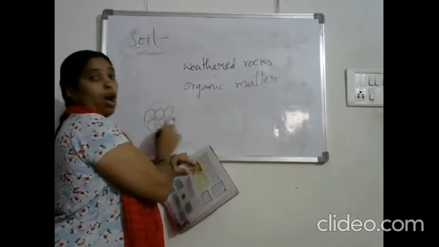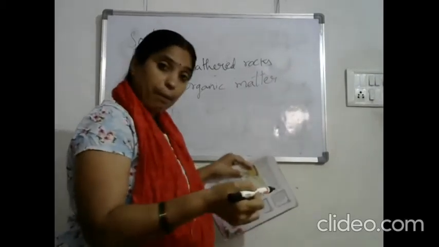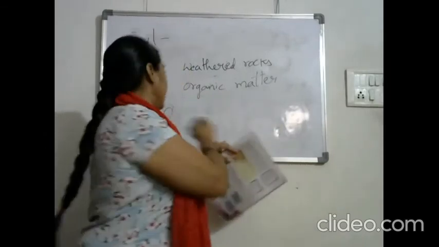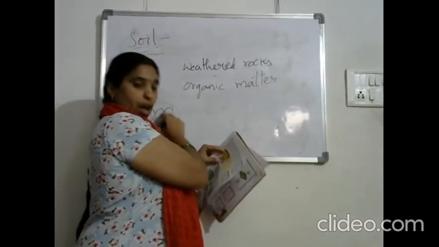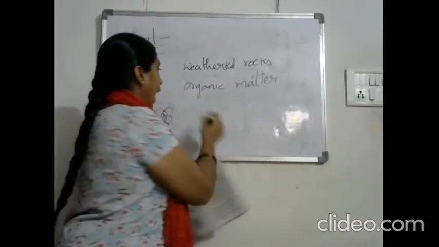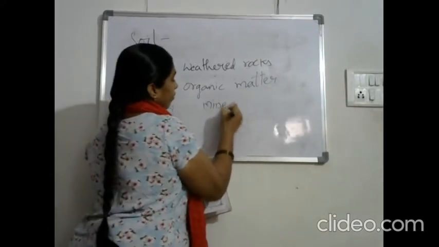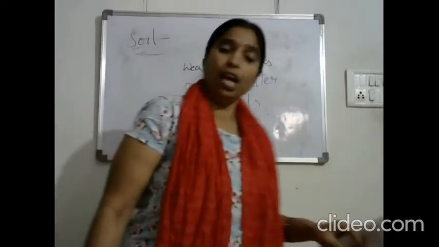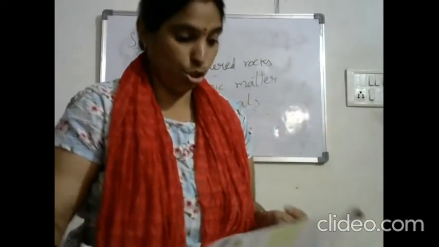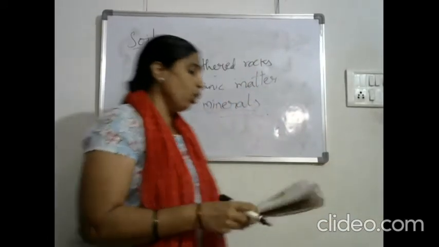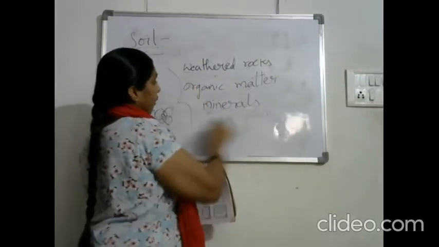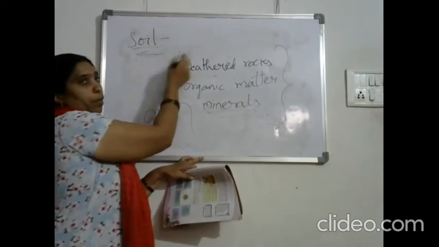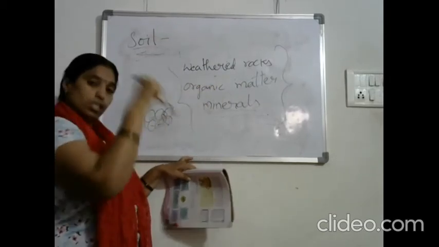So when these rocks break up, the soil which is formed includes this dead organic matter and minerals. Minerals are the important things which we can get in the soil. All this happens because of the breakup of the rocks into the soil.